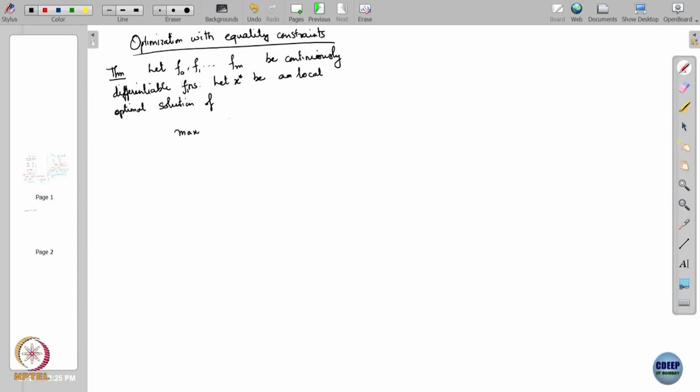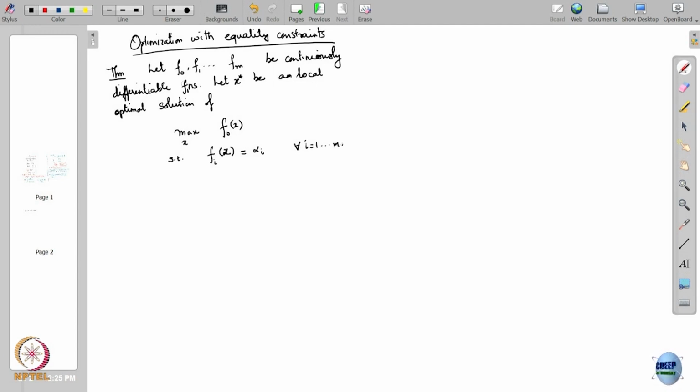I am writing this in the maximization form just because our earlier problem was in maximization form. So, f0 of x is what you need to maximize over x, subject to the requirement that all these equalities must hold: fi of x equals alpha i for all i from 1 to m.